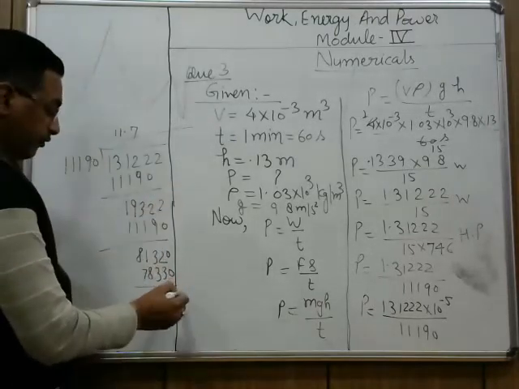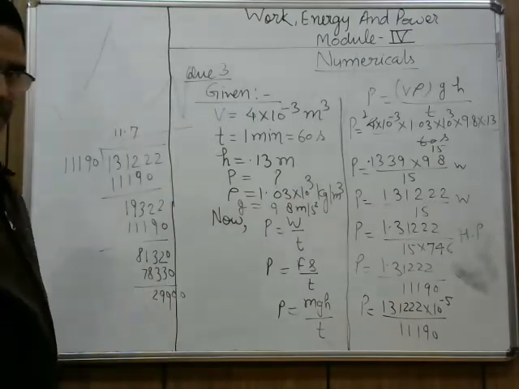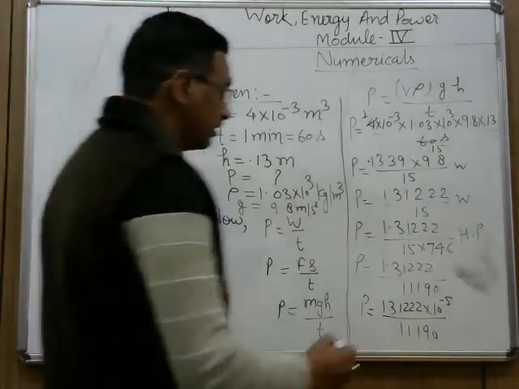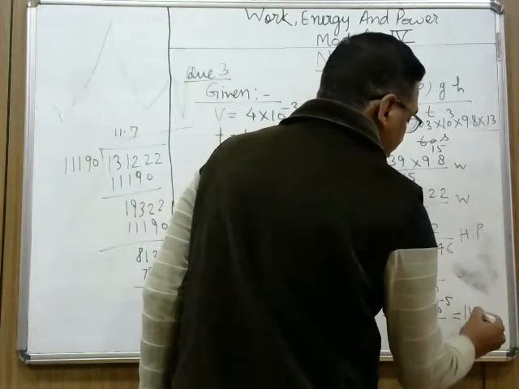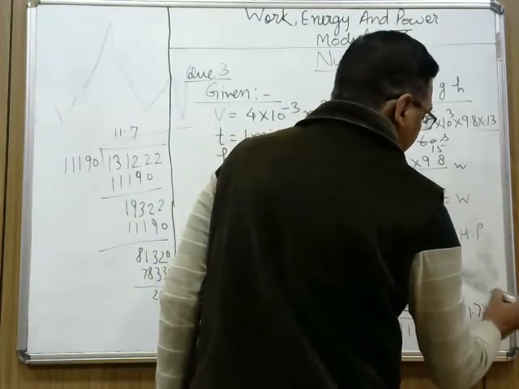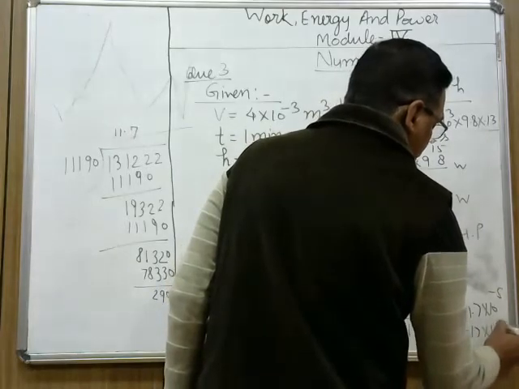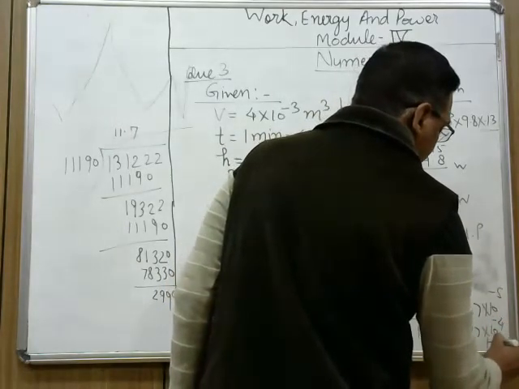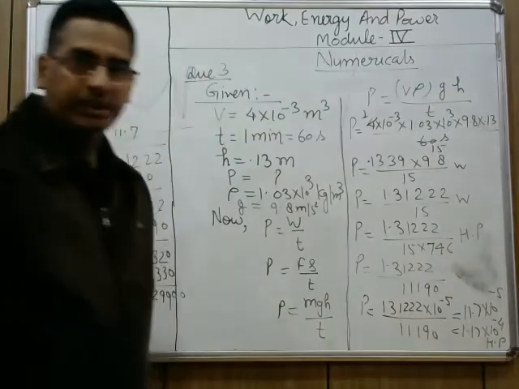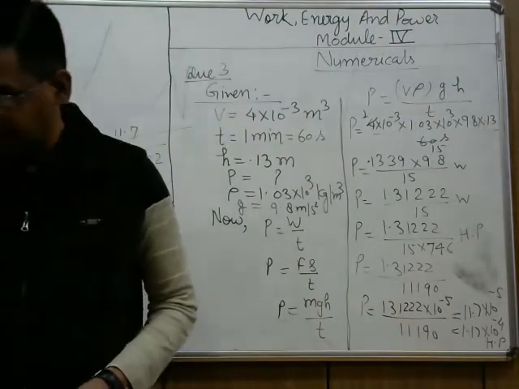So if I further solve, I will get smaller than 5. So it is coming 11.7 into 10 to the power minus 5, which may be written as 1.17 into 10 to the power minus 4 horsepower. So this is the answer of this question.